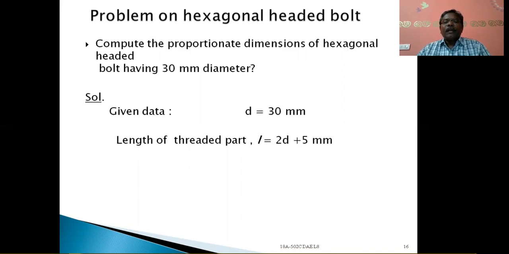And similarly, 2d plus 20 is also available when the bolt diameter crosses 200.